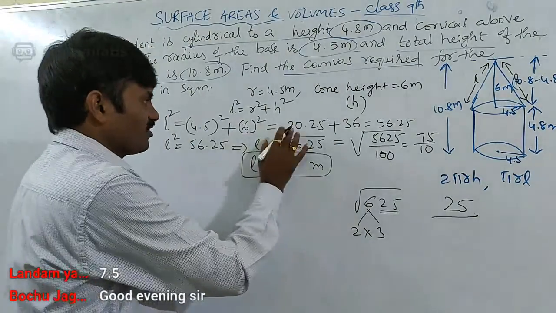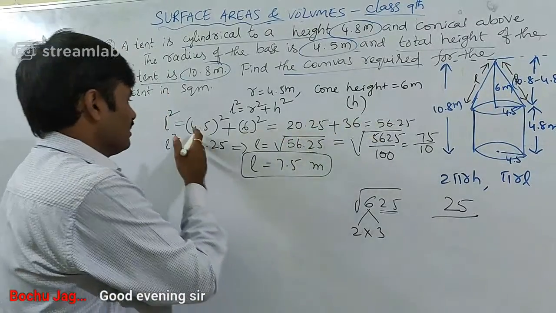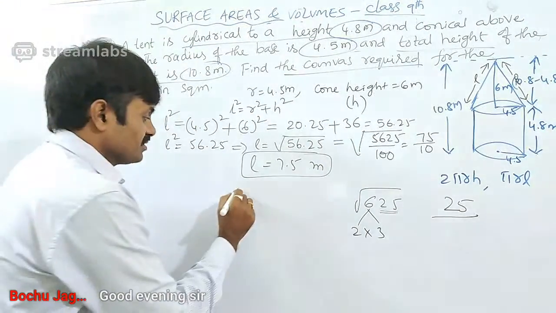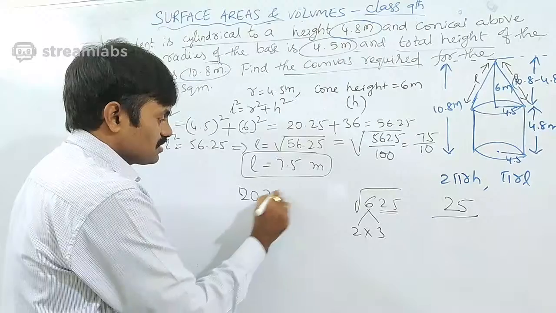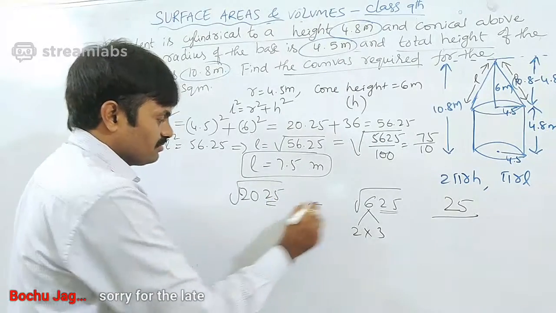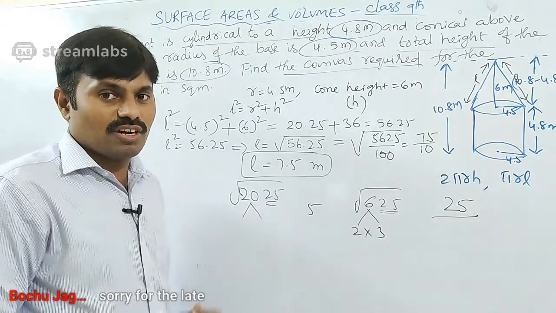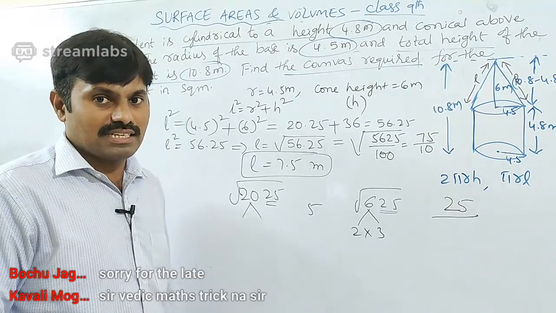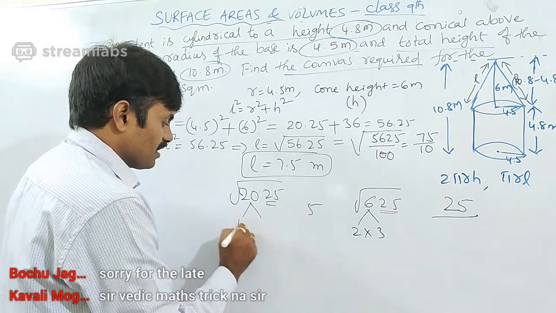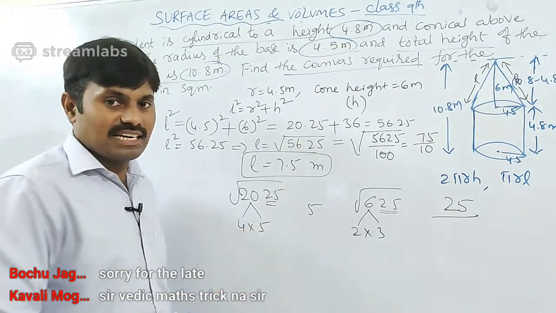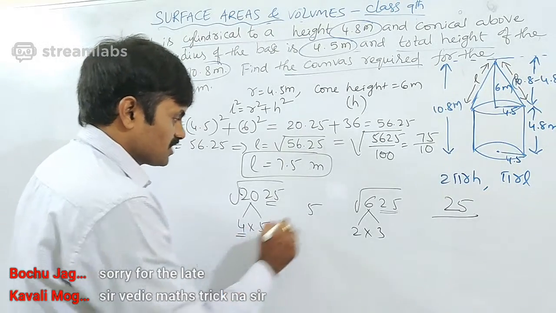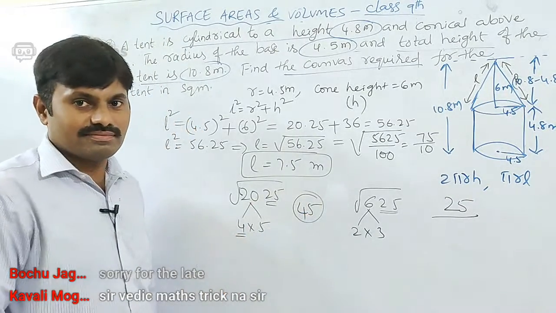Okay, clear. Similarly, here for 20.25 I wrote 4.5 directly. The square root of 25 is 5, and 20 can be written as a product of two consecutive numbers, 4 into 5. The smallest one you have to take, so 4.5.